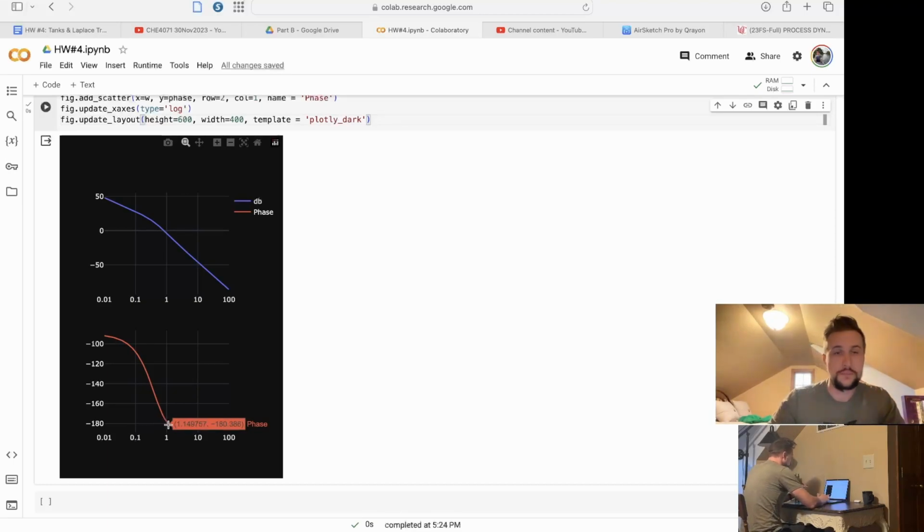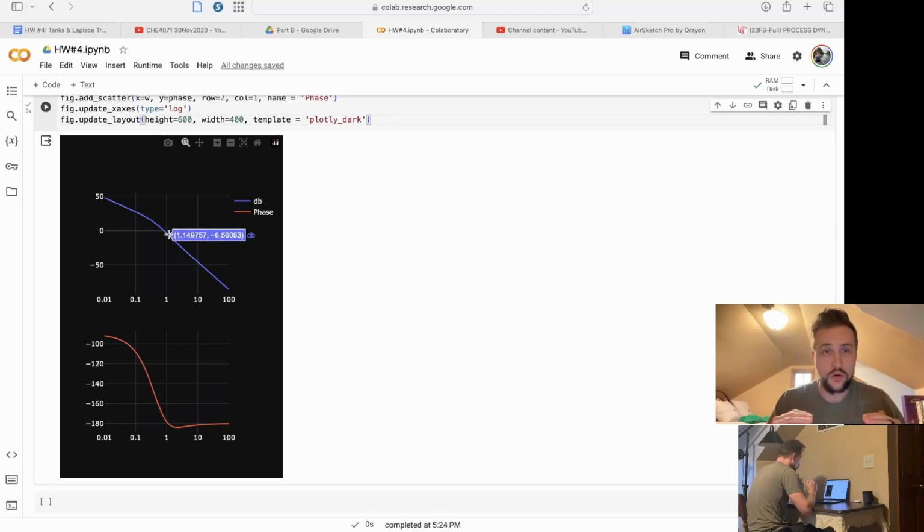So then we assess up here in our amplitude ratio, and at 1.15 we want to ask, is our ratio greater than 1 or less than 1? If it's greater than 1, we've got a problem. Houston, we've got a problem, because the output is going to continue to grow.